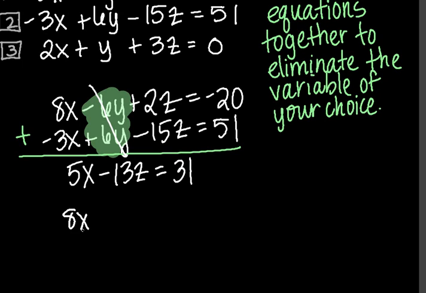So 8x minus 6y plus 2z equals negative 20. And if I just write equation 3 as it is, will I have y cancel out? No. So I need to algebraically manipulate it to make that happen.